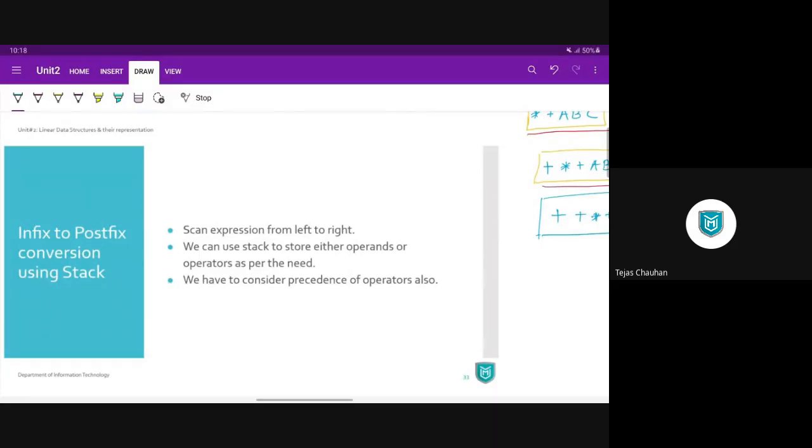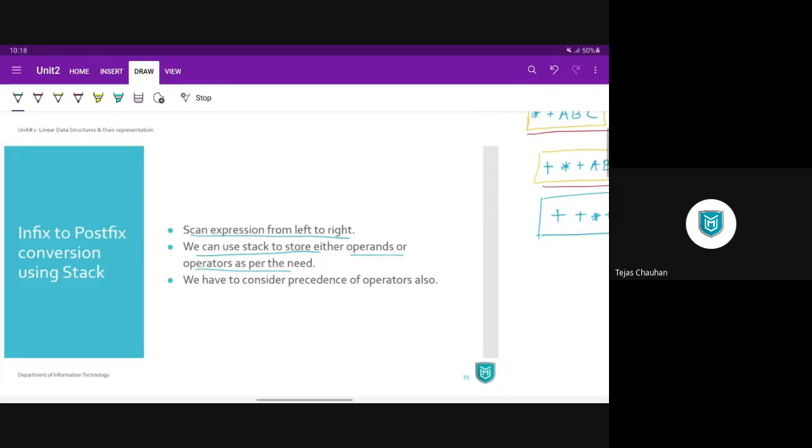Okay, so you scan your expression from left to right, one by one character. We can use stack to store either operands or operators as per the need. So actually, if we are going for postfix, then we need to remember operators.